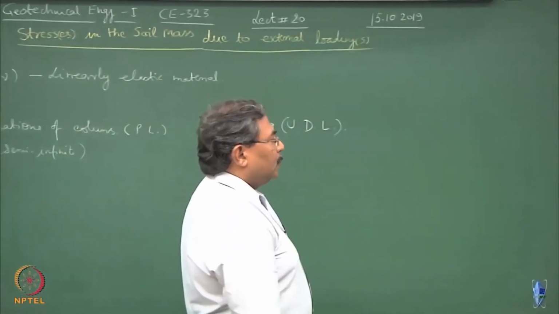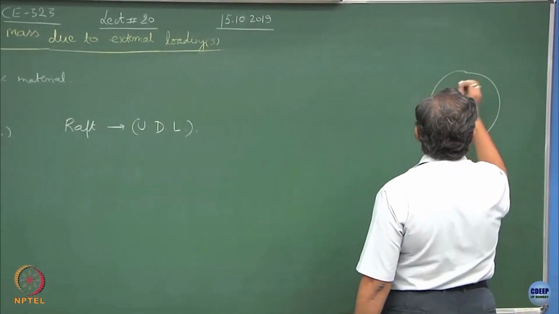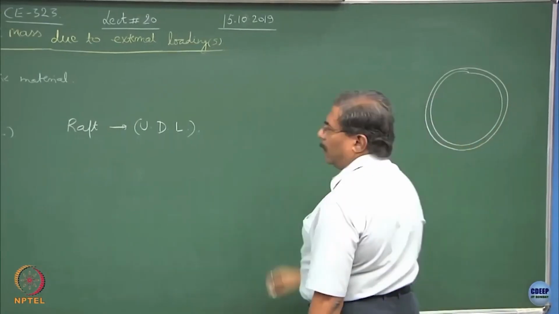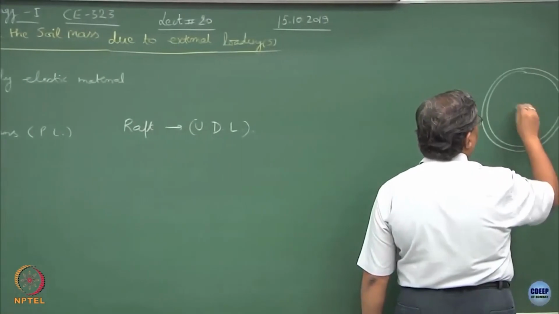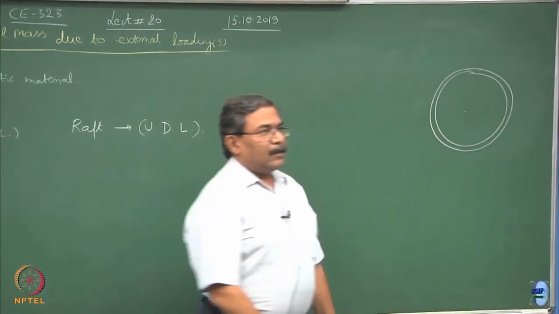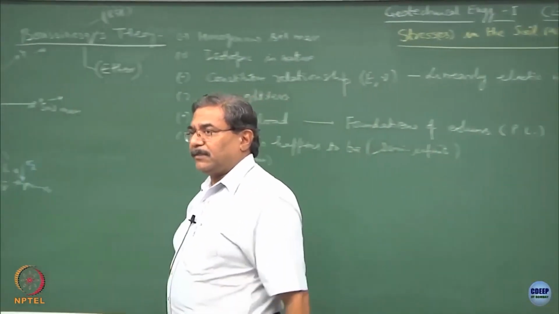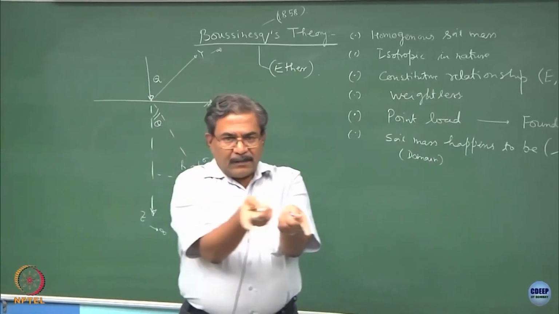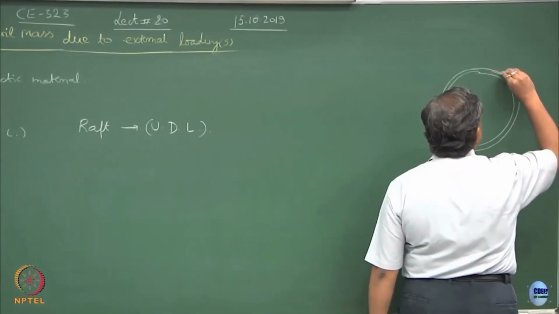So, suppose I give you a ring of finite thickness, and suppose this is a pipe which is carrying some fluid, and if I ask you to show the annular stresses, we call them hoop stresses. So, hoop stresses will be acting in the periphery, circumference, alright.